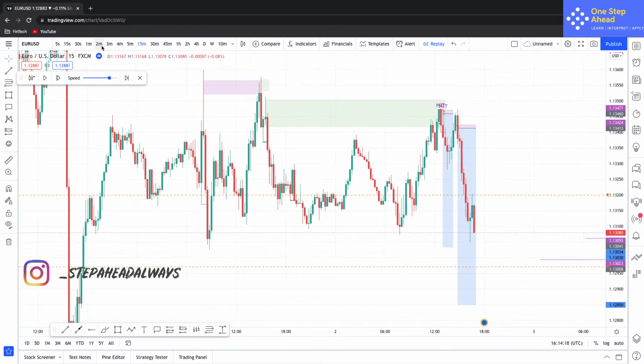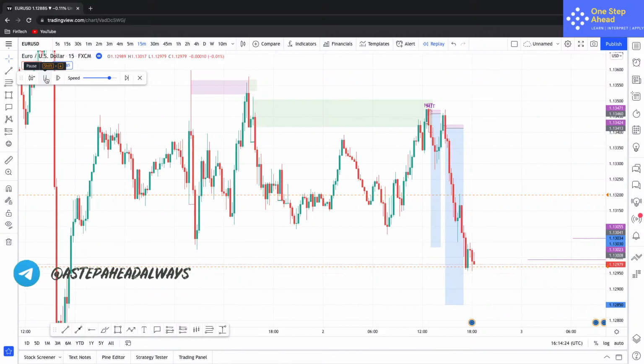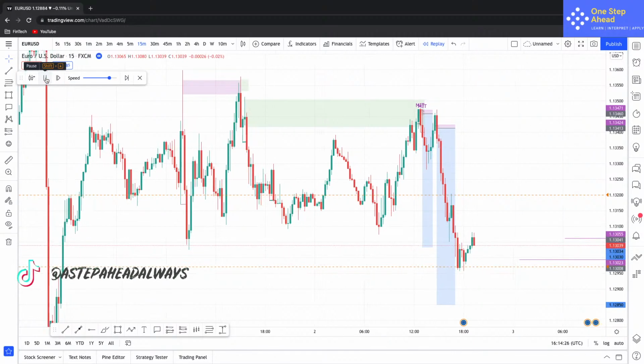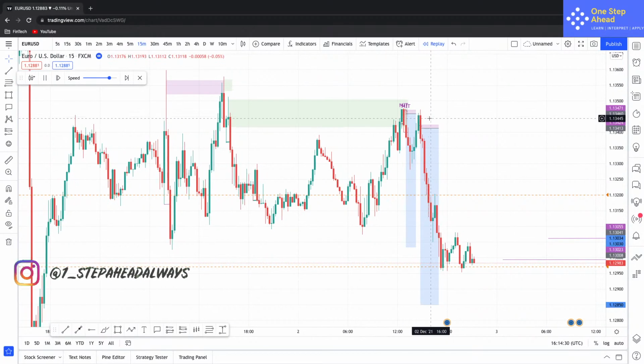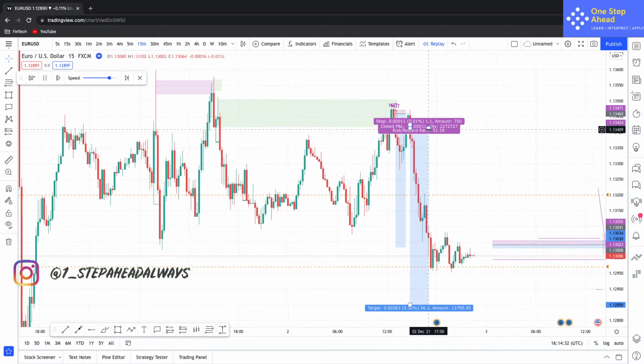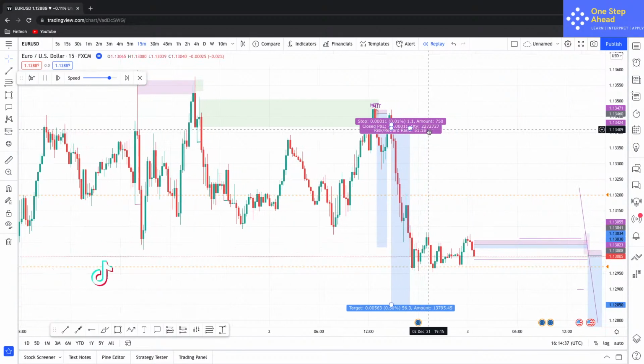So the trade is still running today. At least I'm targeting the daily low with the 20% of the volume, right? This is all based on the things I already talked about.